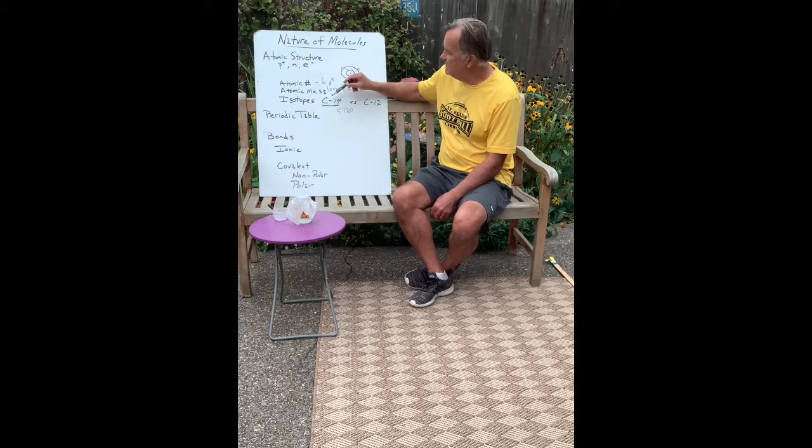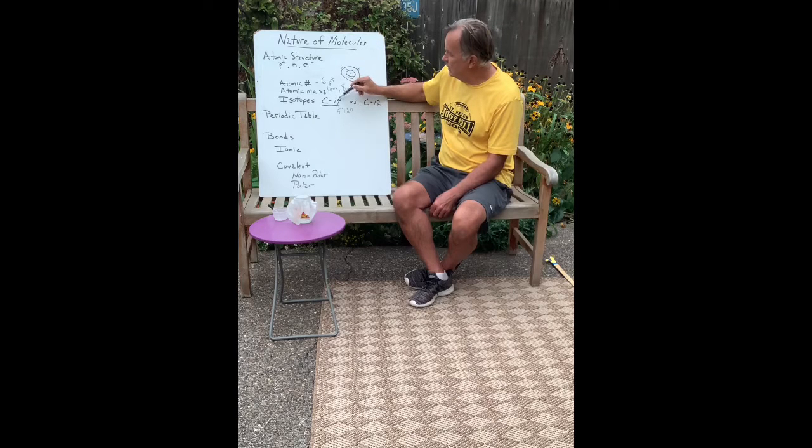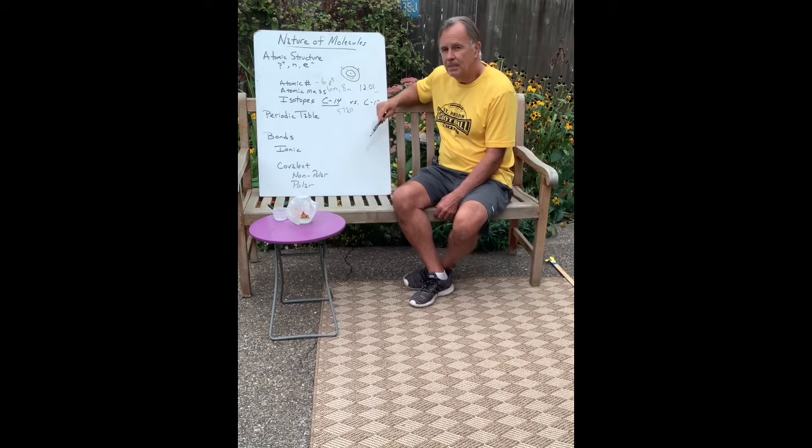So living things, since they take carbon in from the atmosphere, have a certain percentage of C14, and after they die, they no longer take that in. So you can look at a fossil and compare how much C14 is in that fossil, and they can date objects with that. All right.